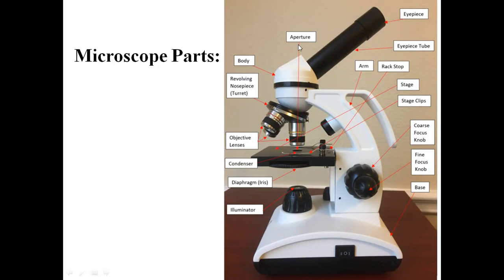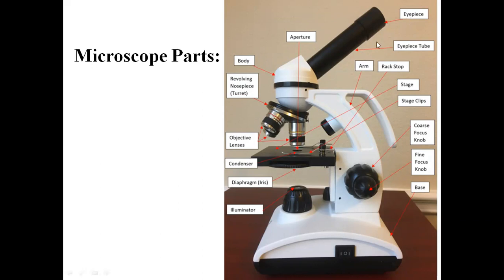This is the important portion, that is the head portion. What is the head portion consisting of? It consists of the eyepiece, the place where you are viewing the sample.